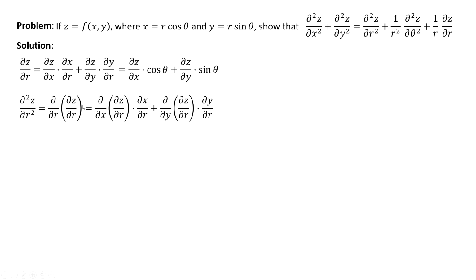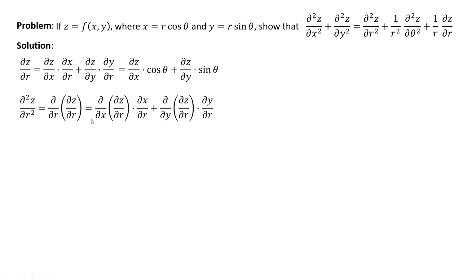Okay, so what happens? Well, that's precisely what happens. You change the quantity. The quantity was z here, so partial with respect to x of z. Here we have partial with respect to x of the quantity partial z with respect to r. And what about this partial x with respect to r? Yes, you just leave it alone, times partial x with respect to r.